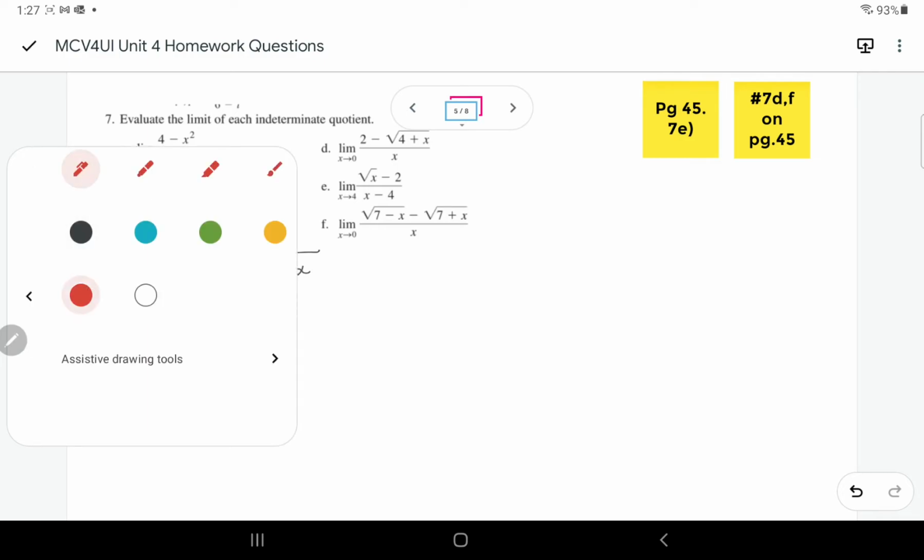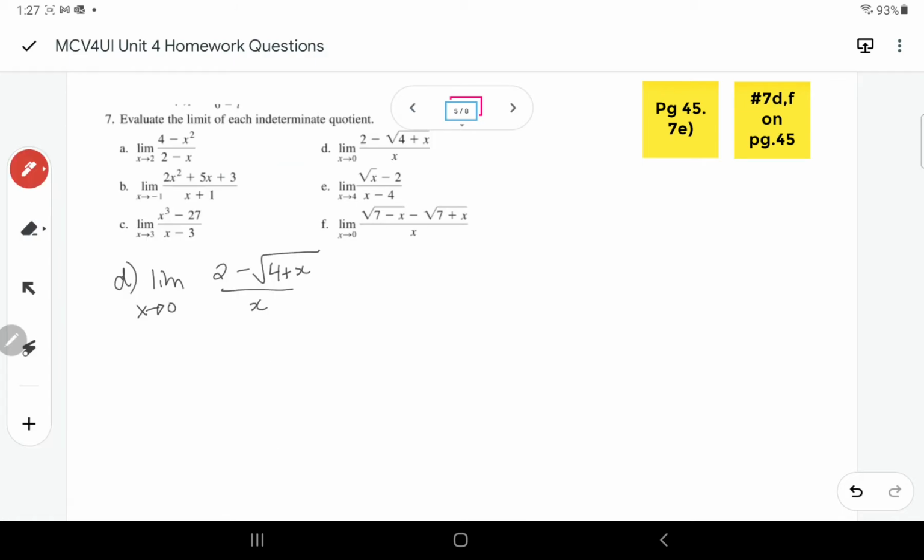And whenever we have square roots with adding and subtracting, you're going to want to rationalize or multiply by the conjugate. So 2 plus the square root of 4 plus x, over 2 plus the square root of 4 plus x.